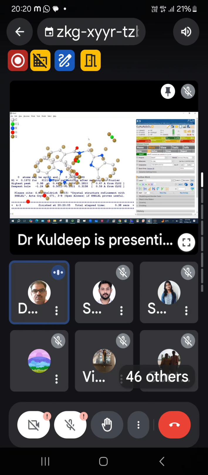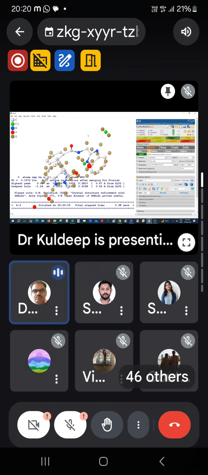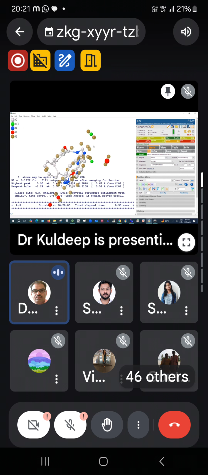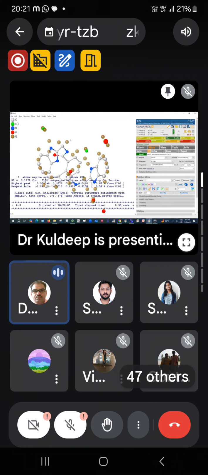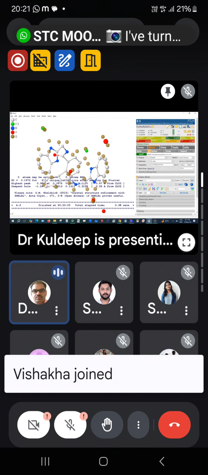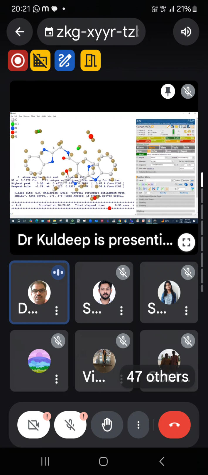Chlorine is mostly disordered. That's why I always say avoid DCM and chloroform to crystallize your compound, because chloroform and DCM are highly disordered. Anyway, now you can see the data is looking very nice. There are two electron density maxima on this carbon. This is a methylene carbon, and they are looking very nice.